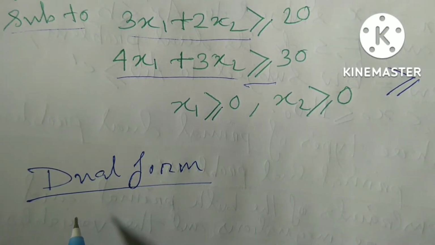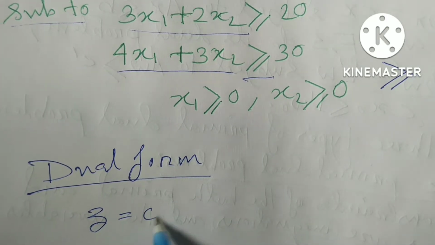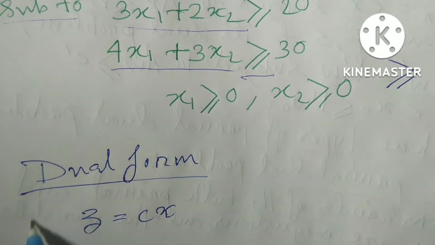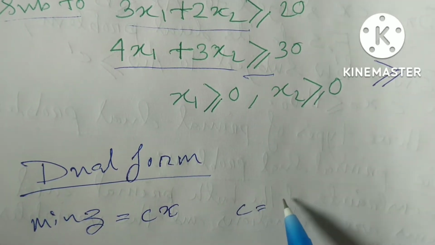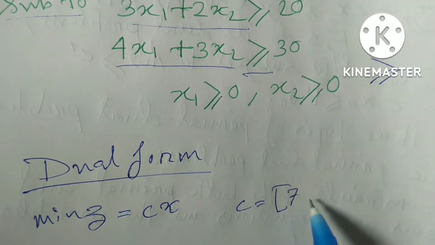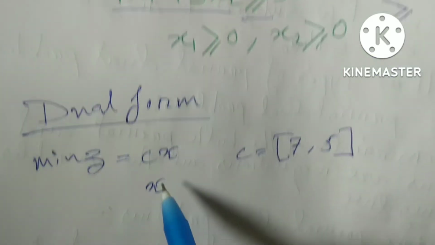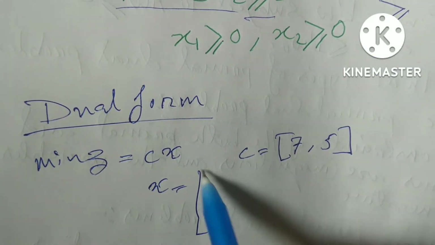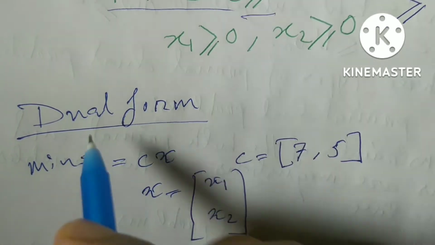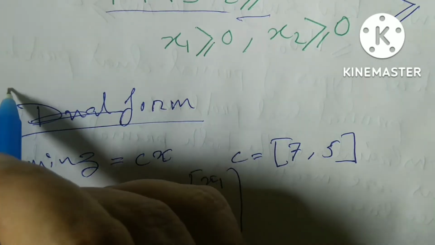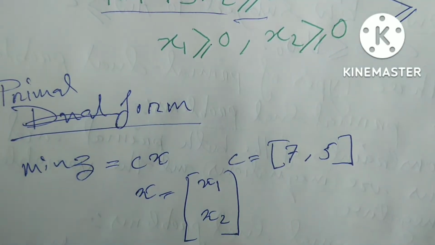The problem is given as minimize. Here I can write min Z = cx, where C = (7, 5) and x = (x1, x2). This is not dual, it is the primal form.